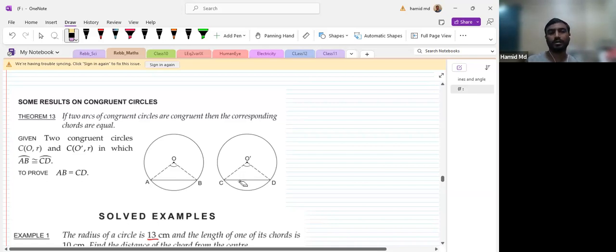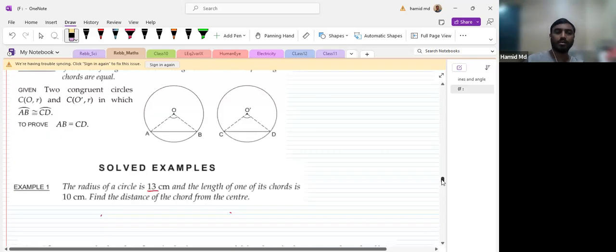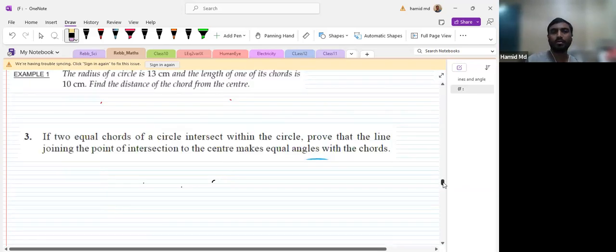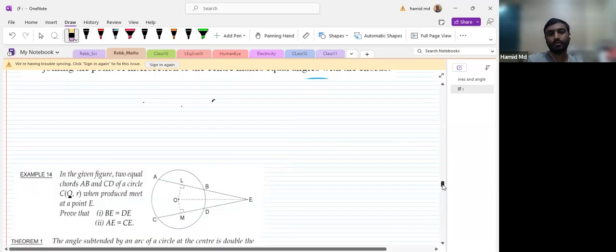If arcs are congruent, then I think we did the other part earlier. So all these are revised for you. Yes, sir. Okay, now with new energy, you try.